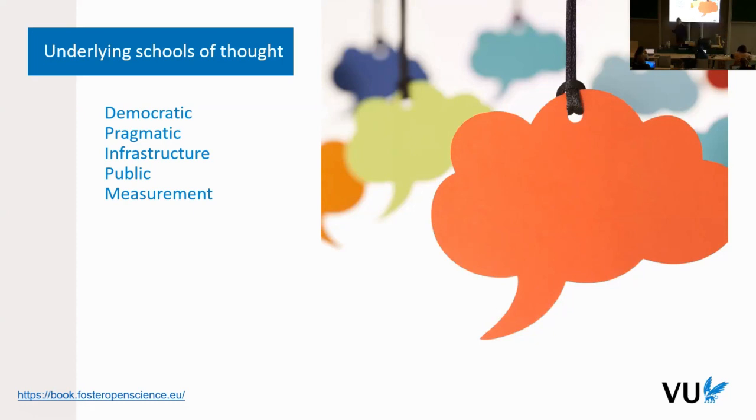Infrastructure can be a reason. We want to engage in science, and we want to make it as easy, as seamless, as effortless as possible. So building and sharing tools that reduce the effort of doing research can be of great value for all of us. There's a public school of thought that most research is paid out of public means, taxes.